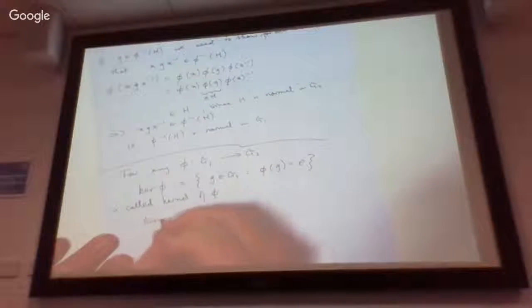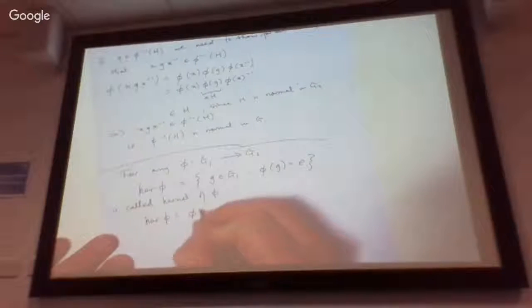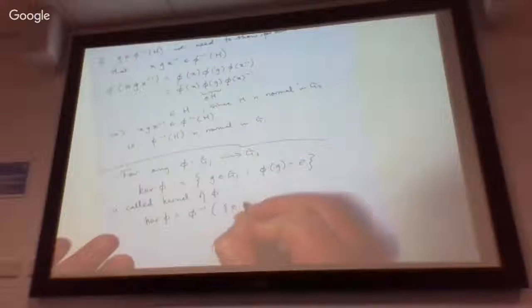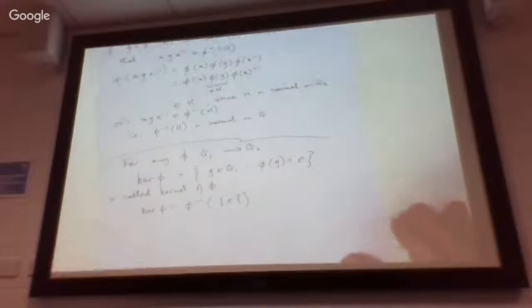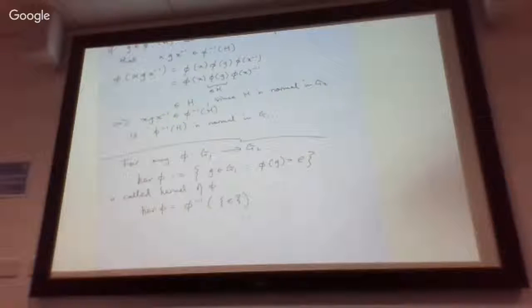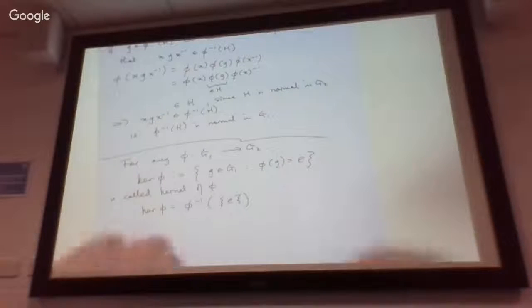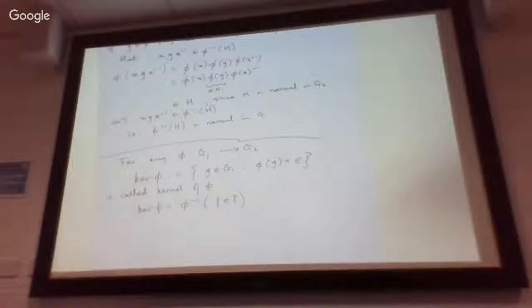Note that you can also express it as the pullback of the set consisting of just the identity. So the kernel is the pullback of the set containing just the identity. The set containing just the identity is certainly a subgroup of G2, the trivial subgroup of G2. So straight away we know that the kernel is a subgroup. But moreover, the set consisting of just the identity is a normal subgroup of G2.